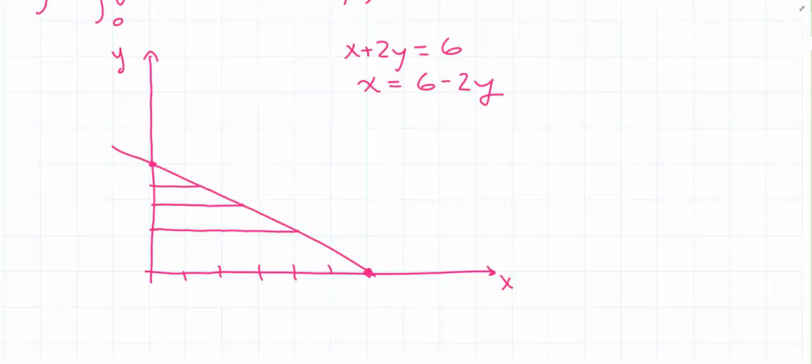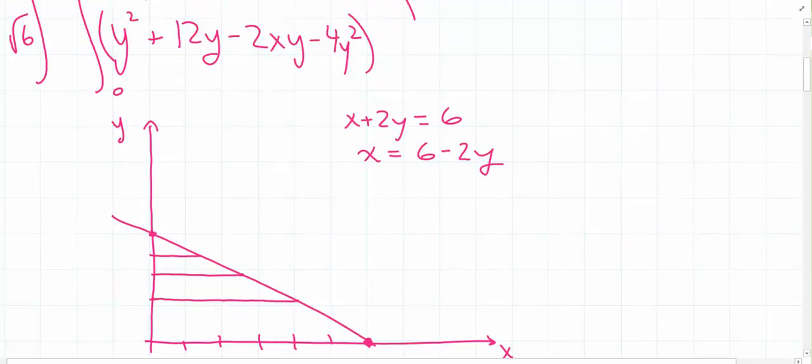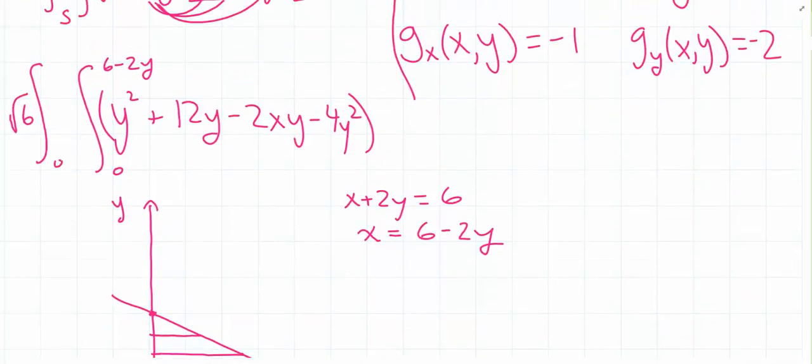Now, y goes from 0 to 3. And then I'm integrating dx dy. Now, this is just a regular double integral that we have no problem evaluating. So once we get to this point right here, it's just straightforward.